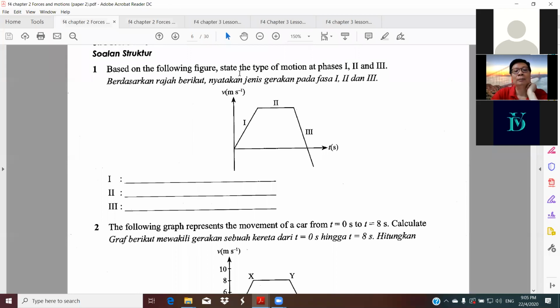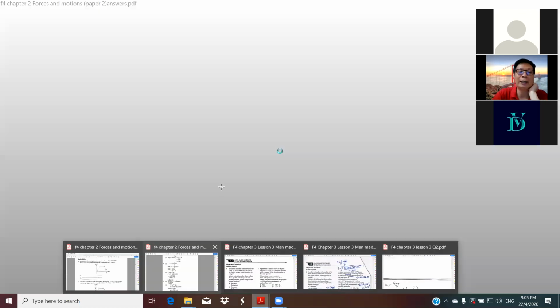Velocity time graph. This one is going up, this is horizontal, this one is going down, right? The question asks for the types of motion. So what is A here, and here? Types of motion.